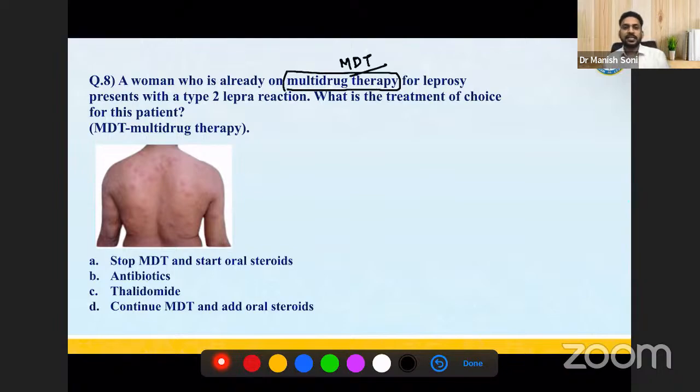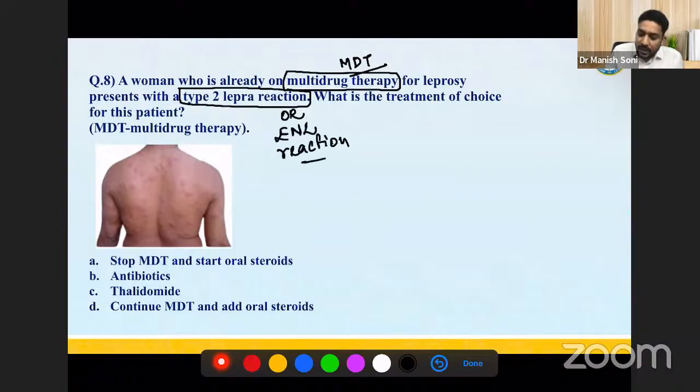The treatment for leprosy is MDT, multi-drug therapy, where we use 3 drugs: rifampicin, clofazimine, and dapsone. So the patient was started on multi-drug therapy, and the patient presented with type 2 lepra reaction. Sometimes when we start treatment in a case of leprosy, they might develop type 2 lepra reaction, which is also known as ENL reaction.